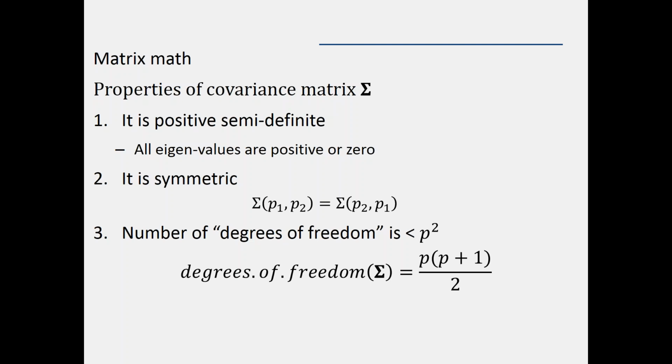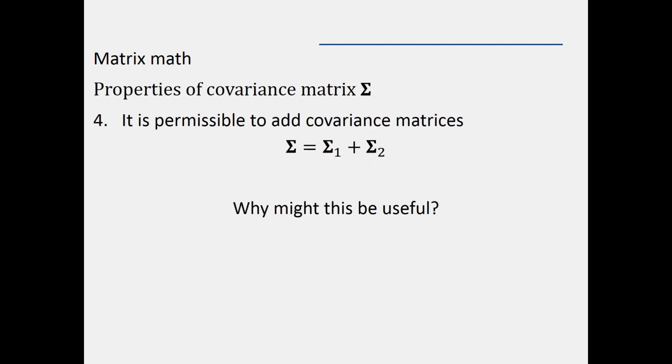In fact, the number of degrees of freedom of a covariance matrix is p times p plus 1 over 2, which is the number of elements of the matrix where you exclude the upper portion of the matrix. And if you've got 2 covariance matrices, their sum is always admissible. So that'll end up being important to us.